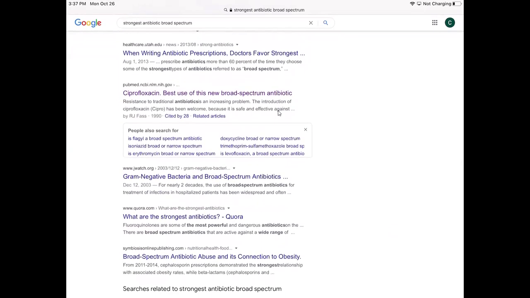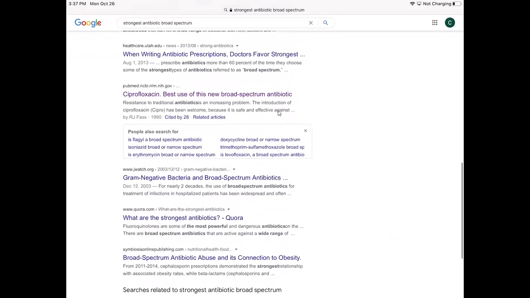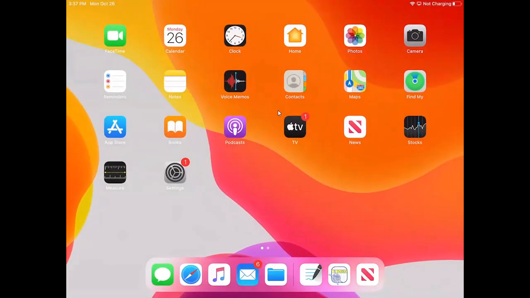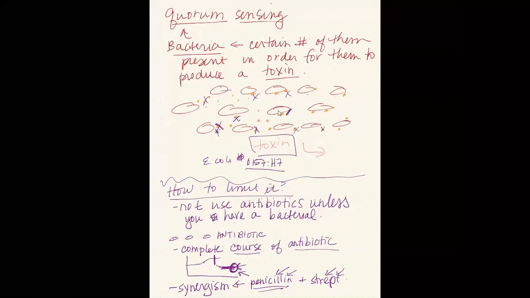So these fluoroquinolones are really strong. Cipro is the one they were telling people to kind of hoard when the anthrax stuff happened, from when the World Trade Center was being bombed, and they thought there was bioterrorism going on because people were sending anthrax spores.